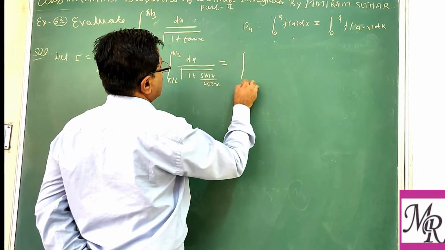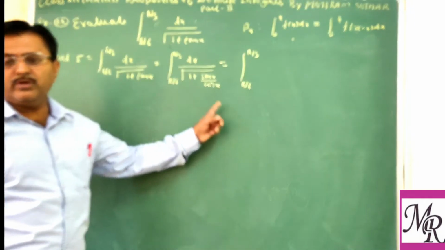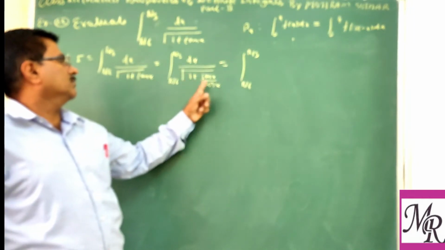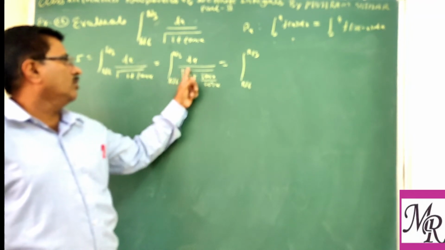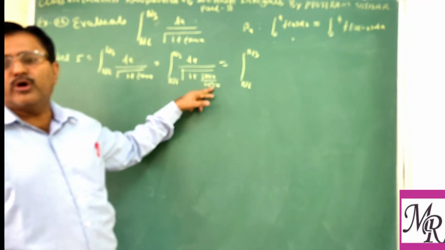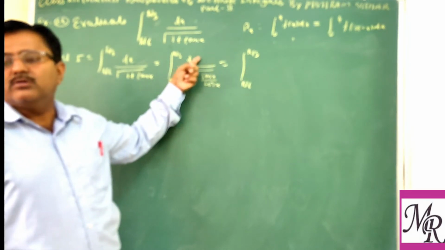Take the LCM and simplify the denominator and numerator. The LCM will be root cos x. So here we multiply: sin x plus cos x upon root cos x, this is the whole root of the denominator. And root cos x in the LCM will convert into the numerator.